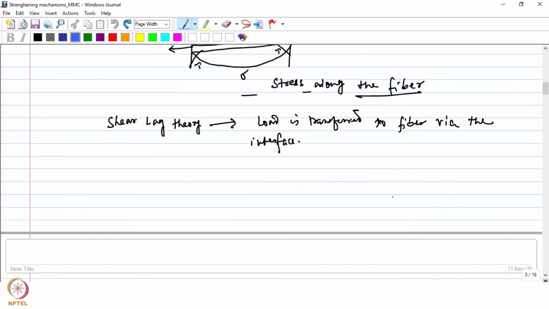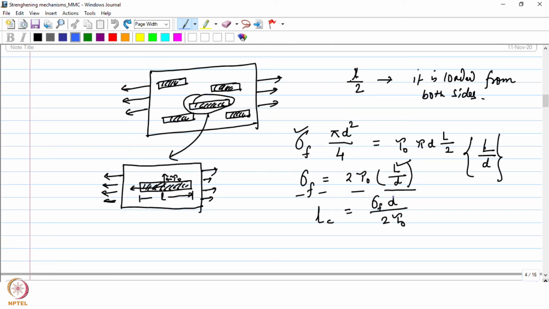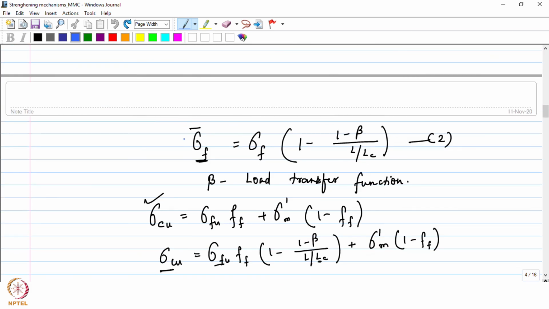This theory says that when the composite is loaded, the load will be transferred to the stronger fibers, and from this the average stress on a fiber has been derived, and we have seen that the average stress on the fiber, that is sigma f bar, depends on the L by D ratio, or the aspect ratio, of the fibers.